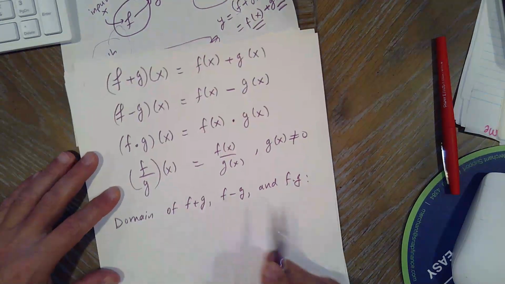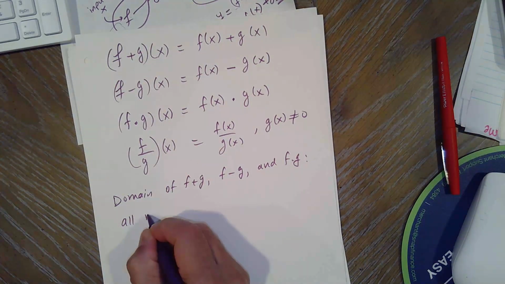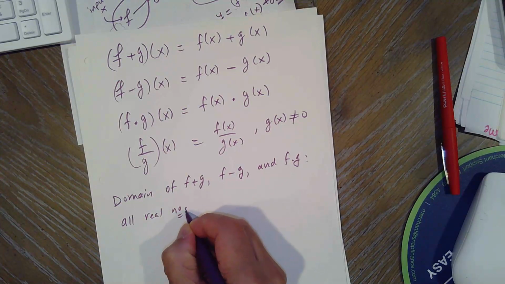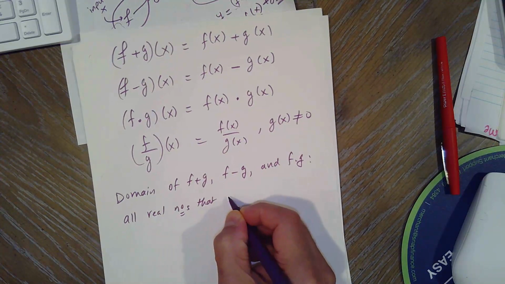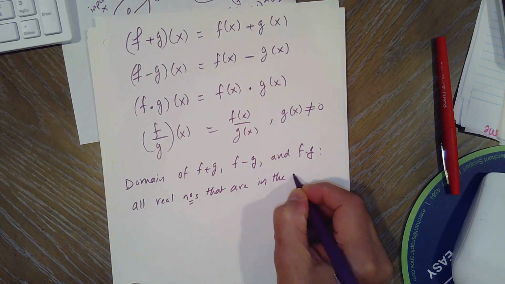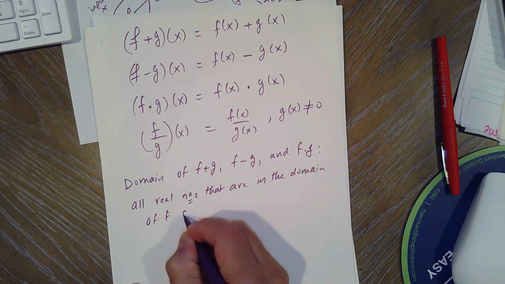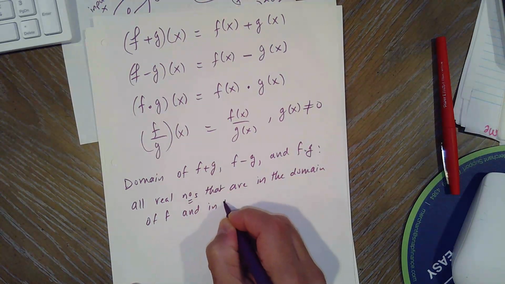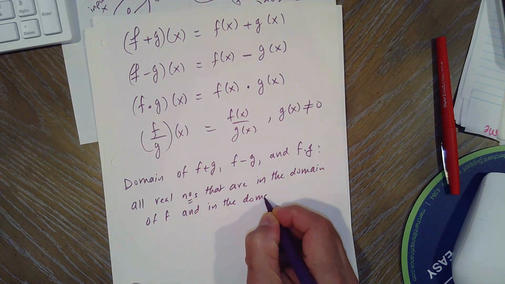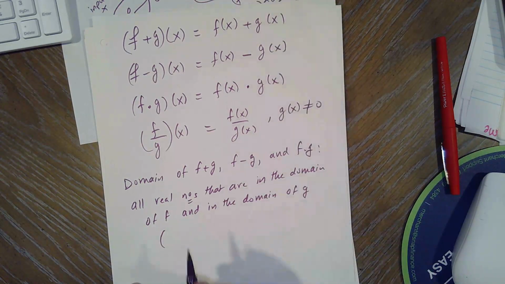I'm gonna leave f over g by itself. You'll see why. It is all real numbers that are in the domain of f and in the domain of g. Why is that? In other words, it's going to be where the two domains overlap.